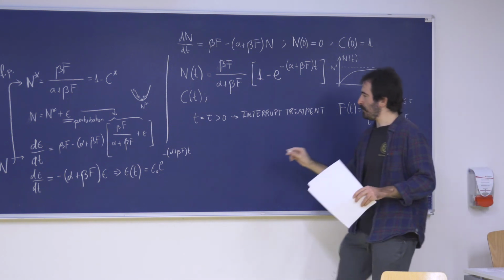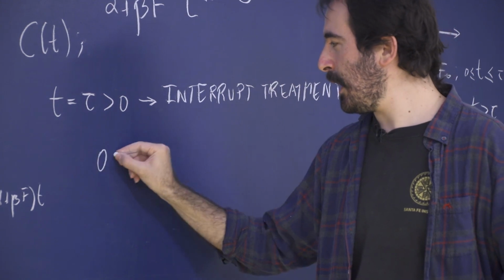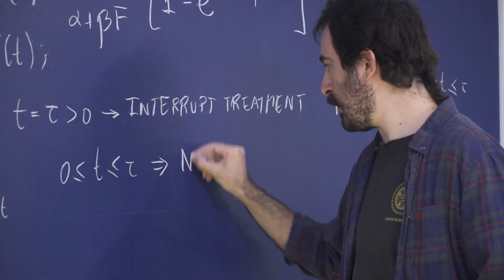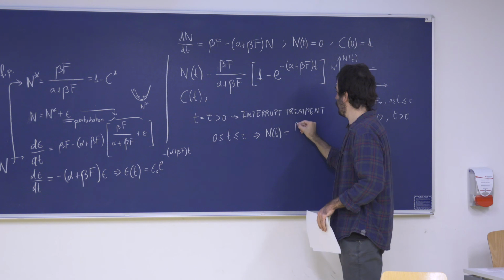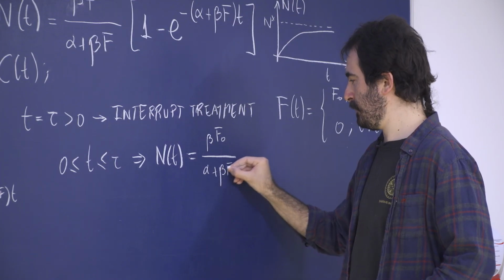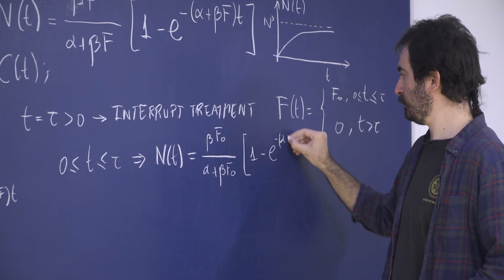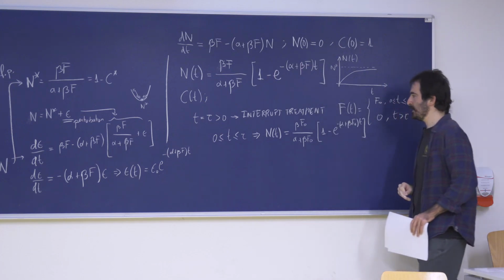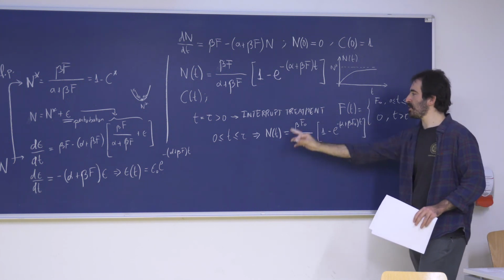First off, what we have defined now implies that in this interval, this is going to be my solution. This is going to be describing how the total number of normal cell types evolves in the system over time, with beta f naught t. However, precisely at time tau, this reaches some value.